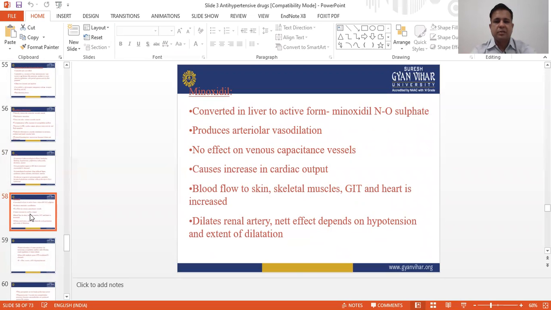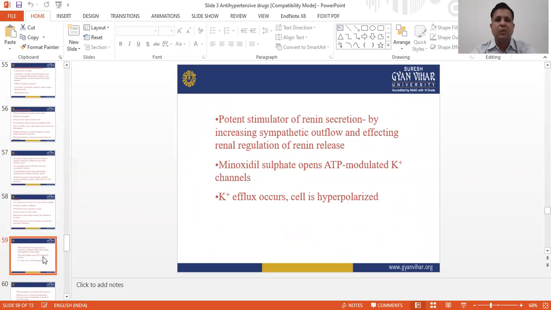Net effects depend on hypotension and extent of dilation. Potent stimulator of renin secretion by increasing sympathetic outflow and affecting renal regulation of renin release.